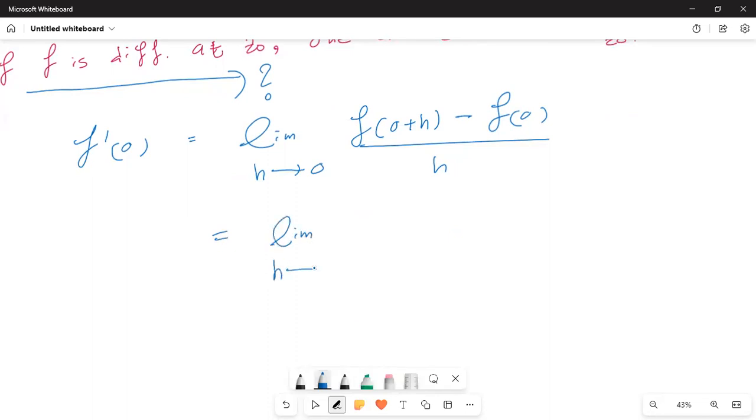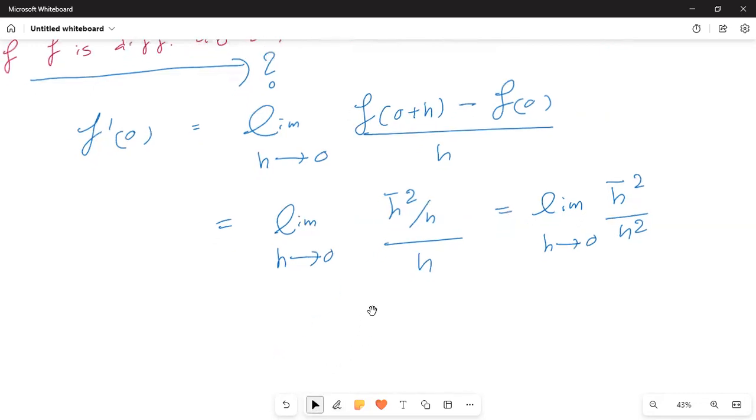Substituting into the function, you get h bar over h. This f(0) is just 0, so minus 0 does nothing to our equation. So it's just the limit of h bar over h squared as h goes to 0. If this limit exists, we can say the function is differentiable at z equals 0.